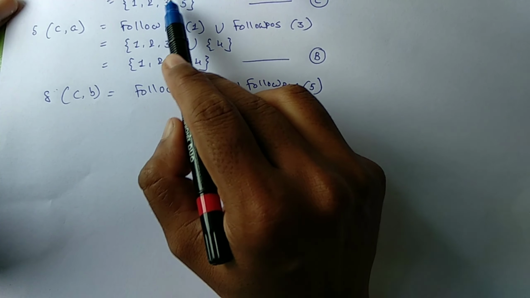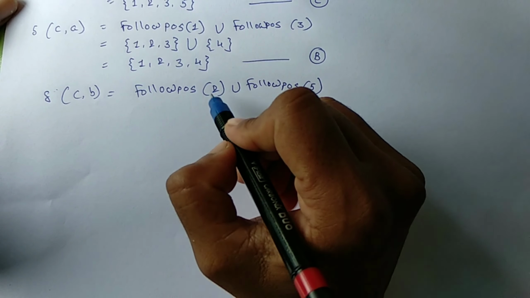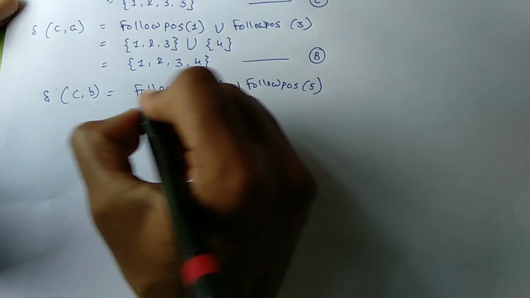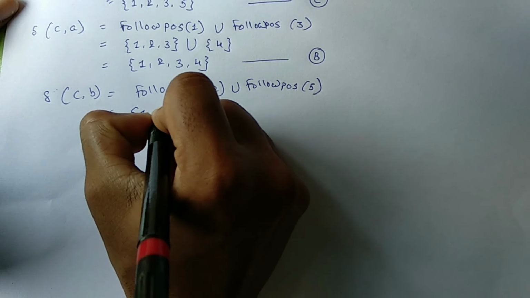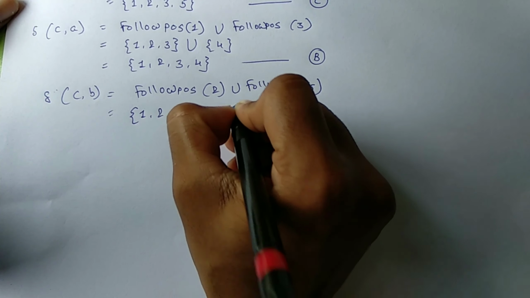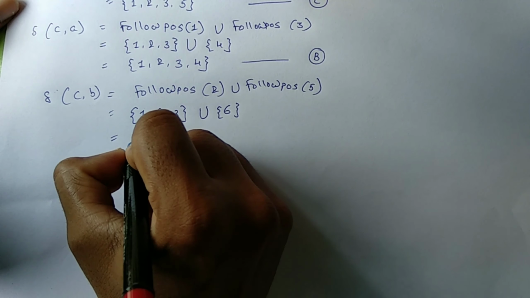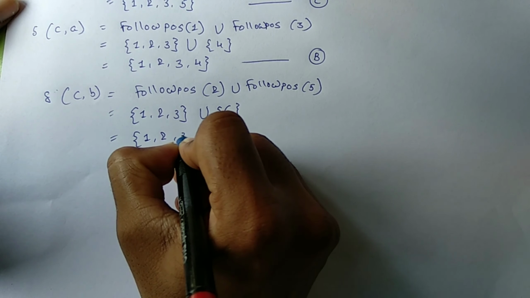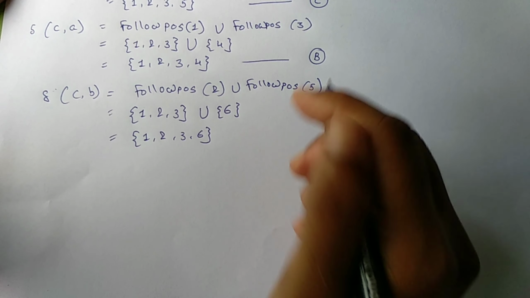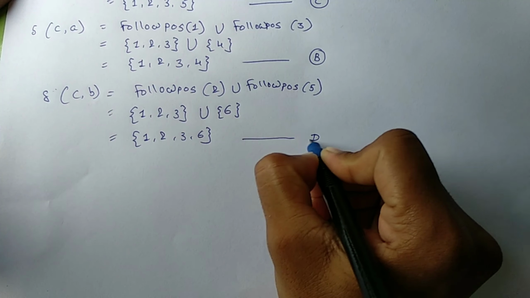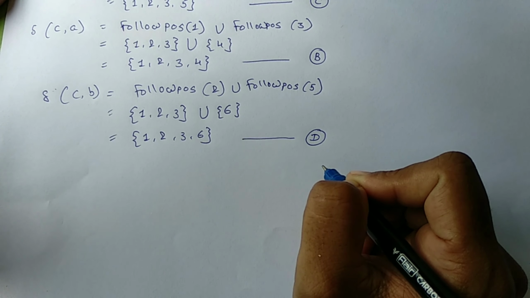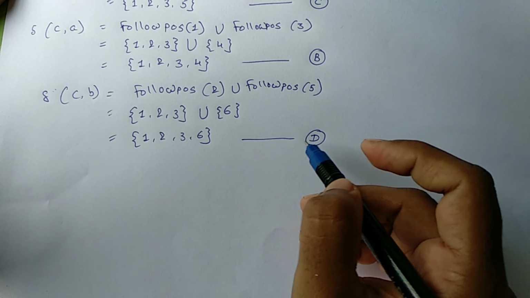So from 1 2 3 5, there is the second and fifth position, that is B. So follow position of 2, 1 2 3, union 6, which is 1 2 3 6. This is a new state, which is indicated by D. This process continues until you find no new state.